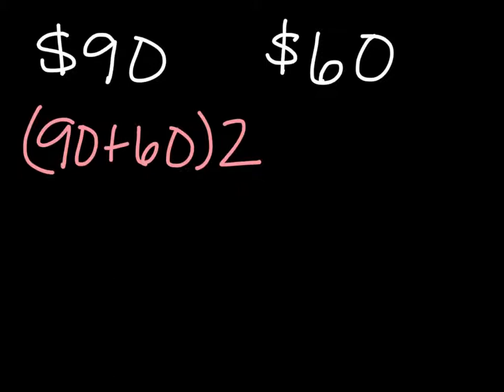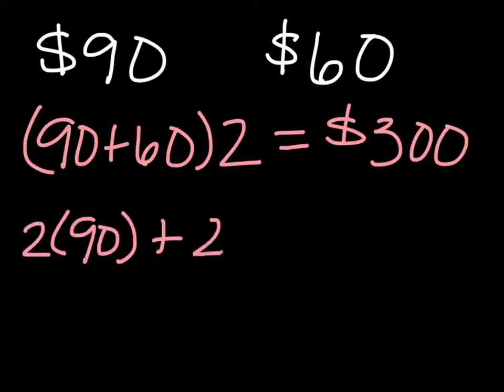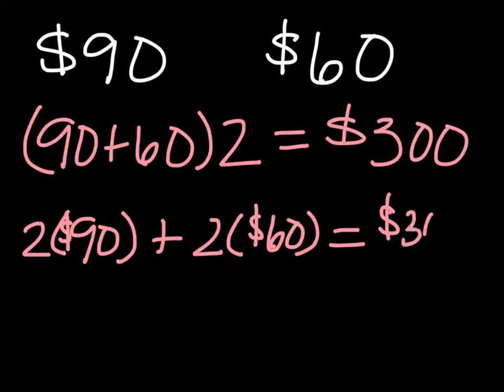When we evaluate this expression, we come up with an answer of $300. Another method for finding the total cost would be to find the cost of two backpacks, so 2 times 90, and then add that to the value of two sleeping bags, 2 times $60. And again, when we evaluate this expression, we come up with an answer of $300.